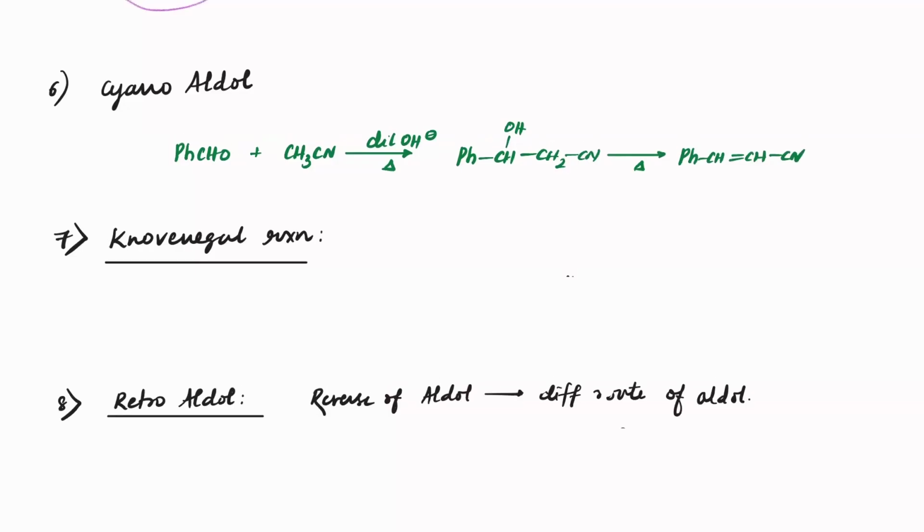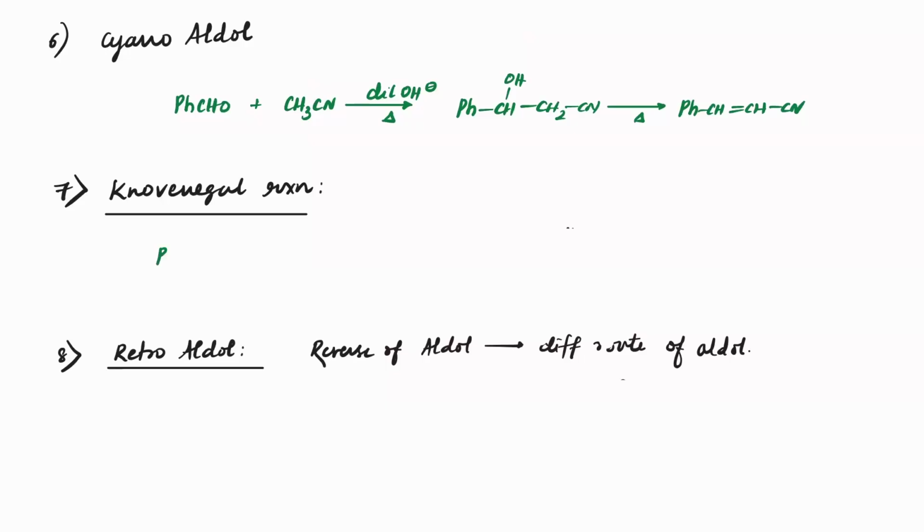Next, what is Knoevenagel's reaction? So Knoevenagel reaction is also a very similar kind, but this time with an active methylene form. This is also a cross aldol, that is PhCHO. First, let me write that here as an overall reaction.